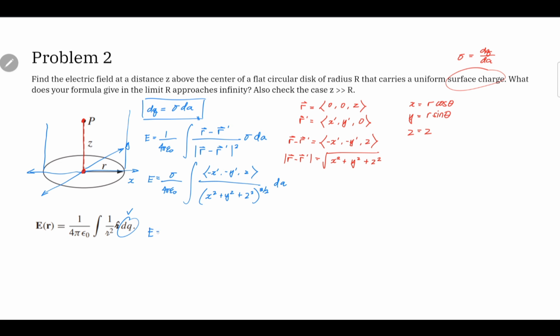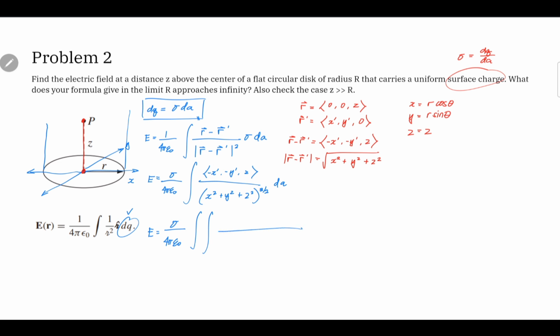We can write it as electric field, sigma over 4 pi epsilon naught, with a double integral. Since we're dealing with a surface, you can tell it's a surface integral if you're integrating an area. For integrating an area, yes, you have this double integral, and we're going to change our coordinates into cylindrical coordinates.